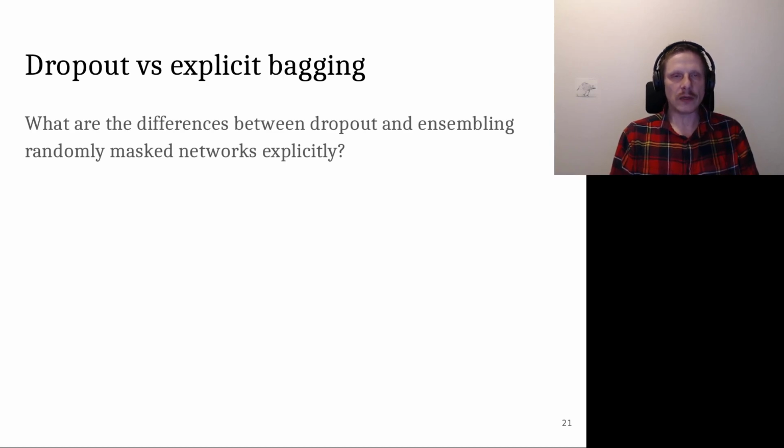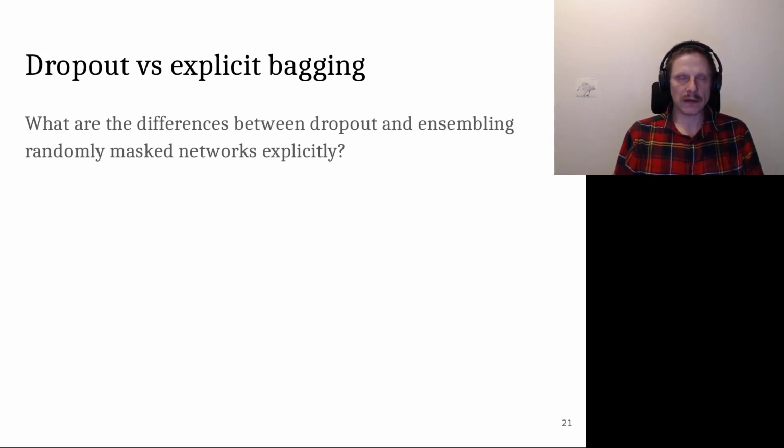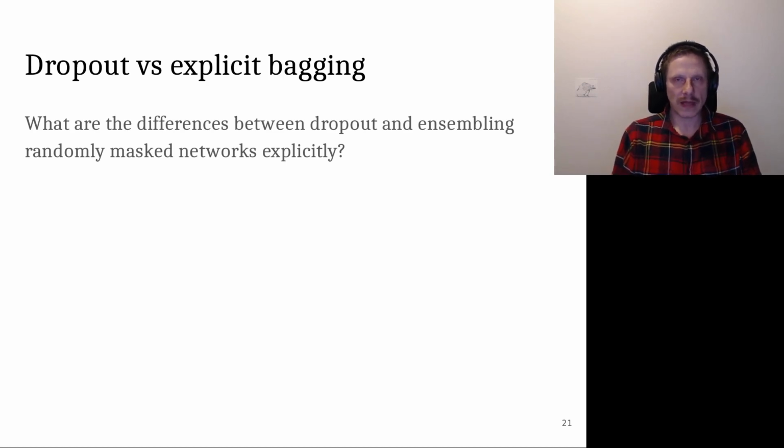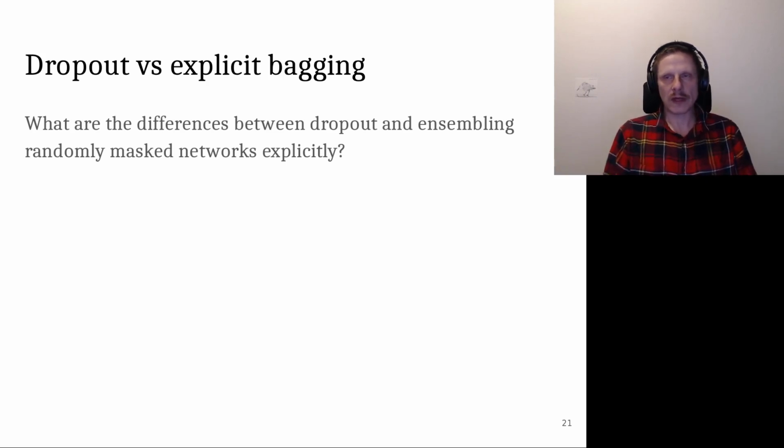At each point we simply apply some random mask, and thus we are changing all the time which subnetwork we are using. So we only need a single explicit network, which includes all these subnetworks via this dropout operation. So that's the reason we do that instead of explicit bagging.